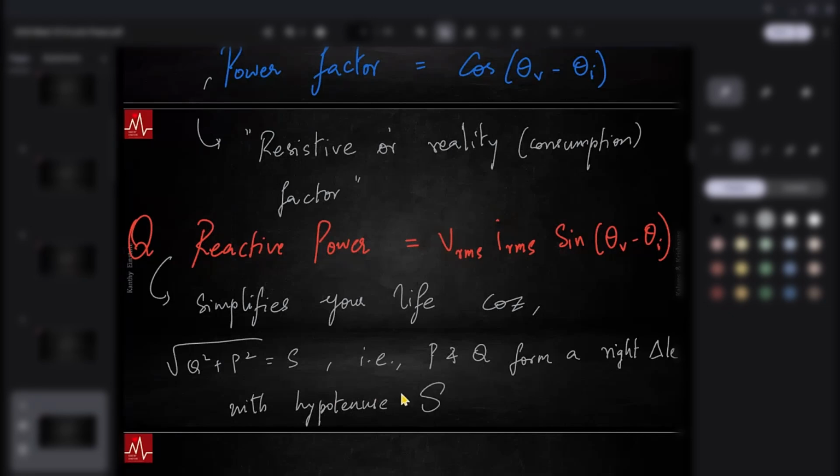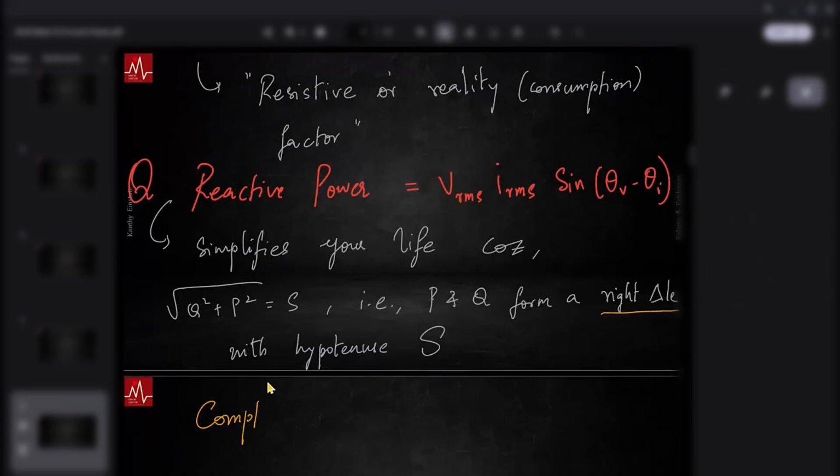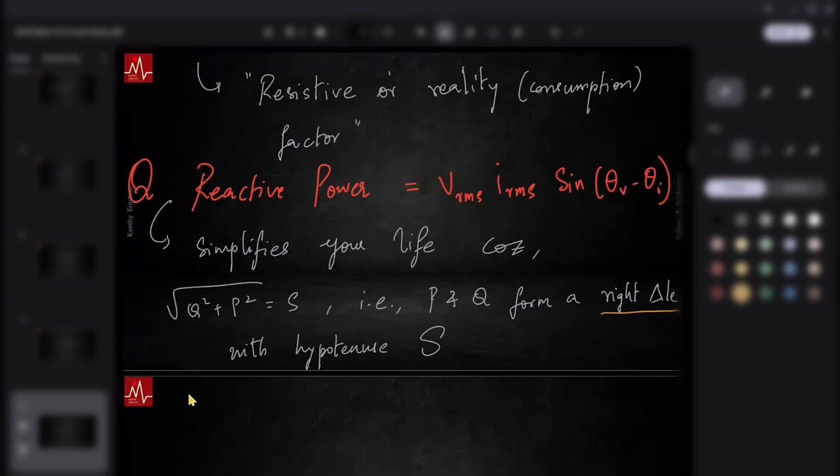That's it. Apparent power. The moment you have a right triangle, it can be represented using real and imaginary parts. So you can write S as P plus JQ.